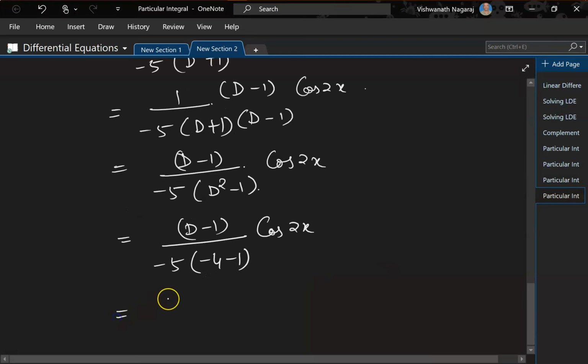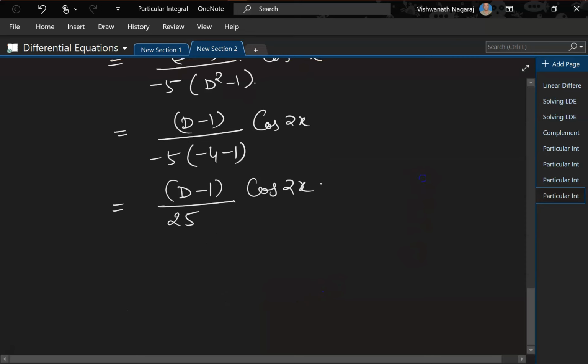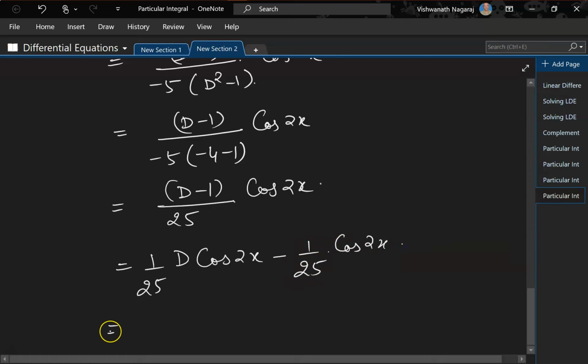Now this would be equal to (D − 1)/(−5 × −5), that is 25, cos 2x. Now let's distribute this (D − 1) on cos 2x. So we get 1/25 D cos 2x − 1/25 cos 2x.